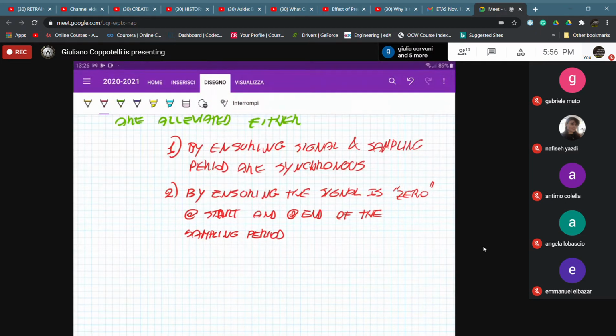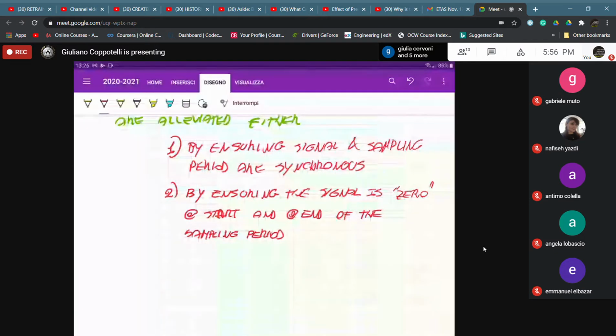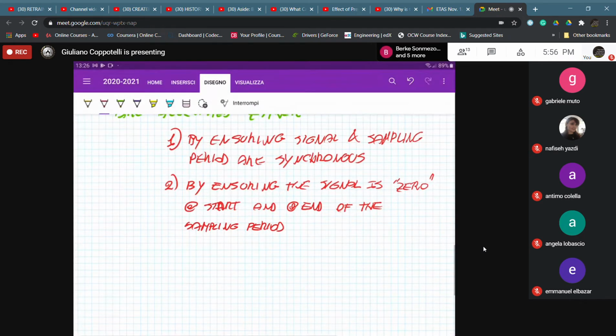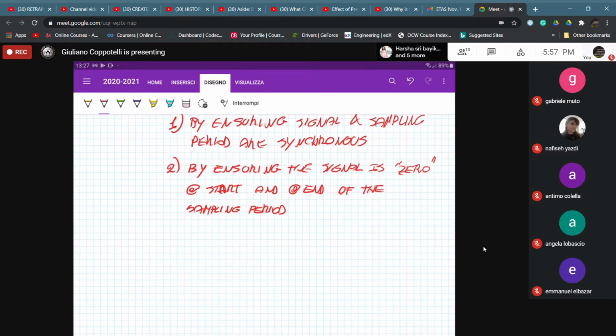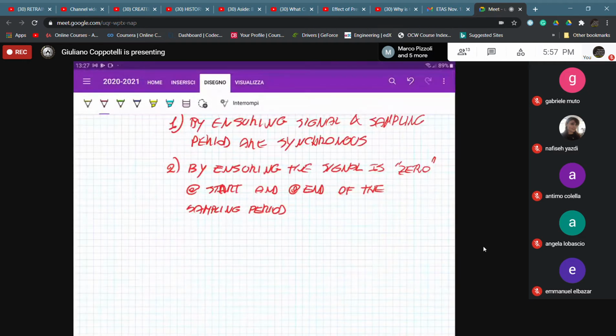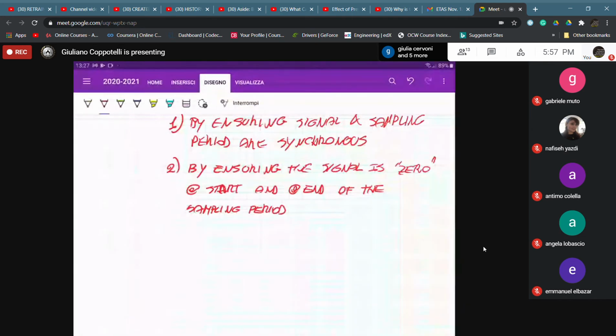And therefore, once you periodize this signal, there is no discontinuity at all. So you are very happy about that. No discontinuity is introduced in your time to frequency domain transformation. However, you are changing a little bit your signal. And that's the reason why you can never eliminate these issues from your digital signal processing analysis.